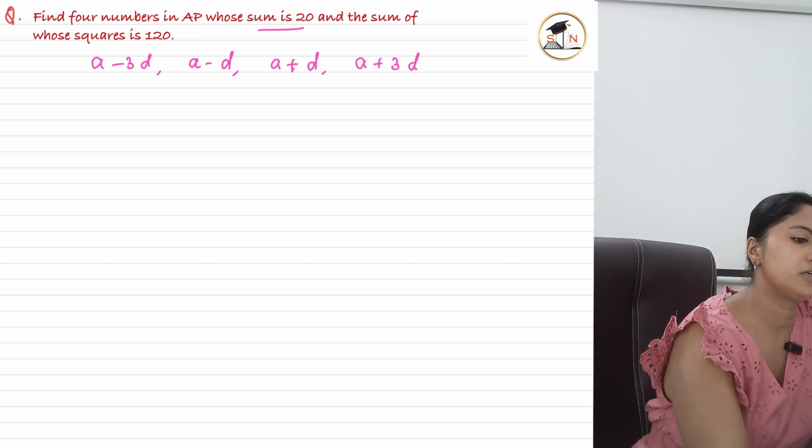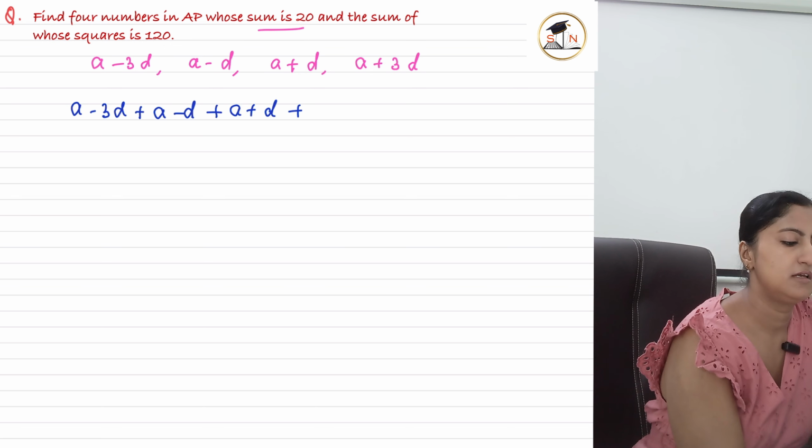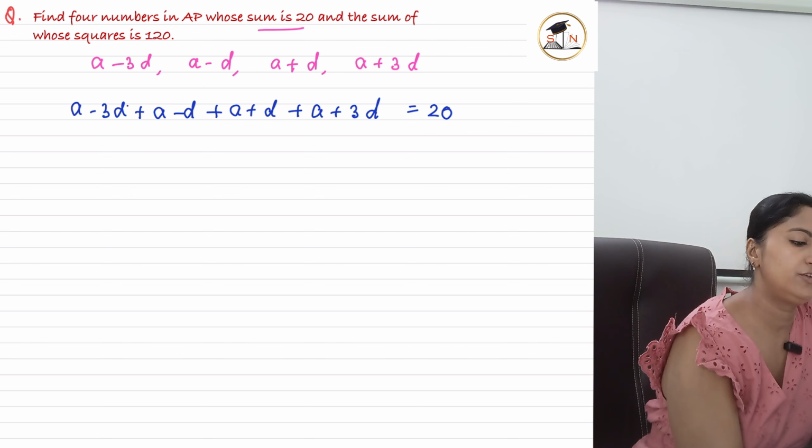So we have A minus 3D, A minus D, A plus D, and A plus 3D. Now, according to the question, we need to add. So we get A minus 3D plus A minus D plus A plus D plus A plus 3D equals 20. 3D got cancelled, D got cancelled.